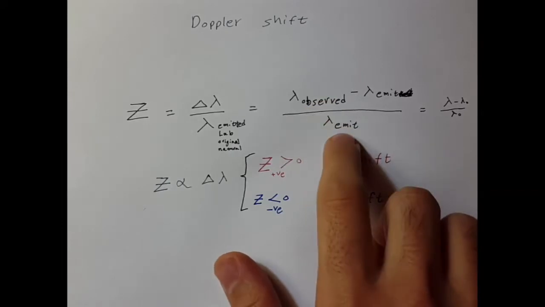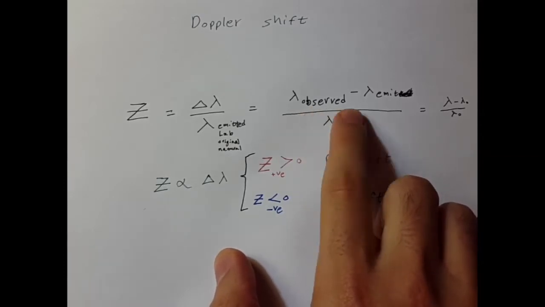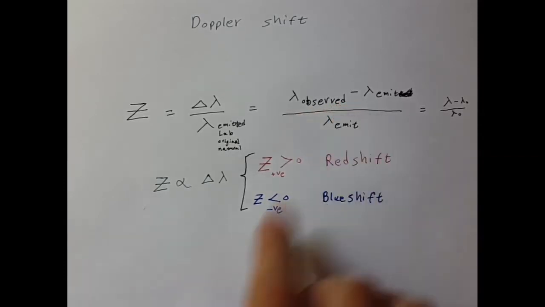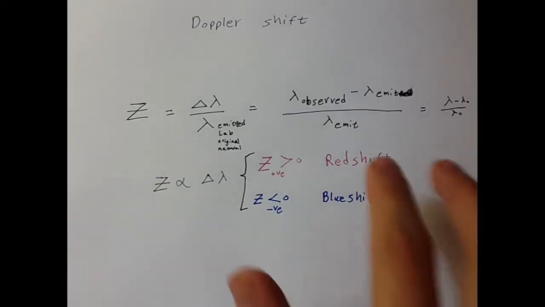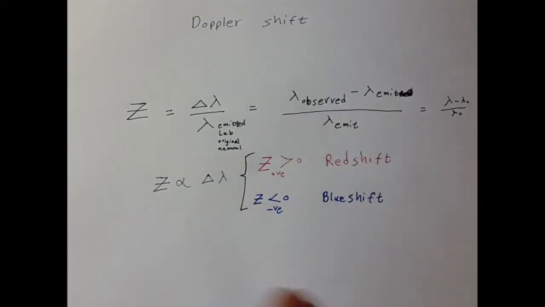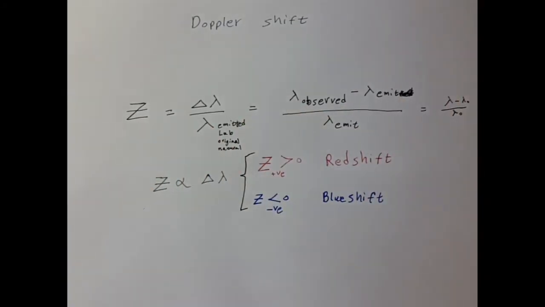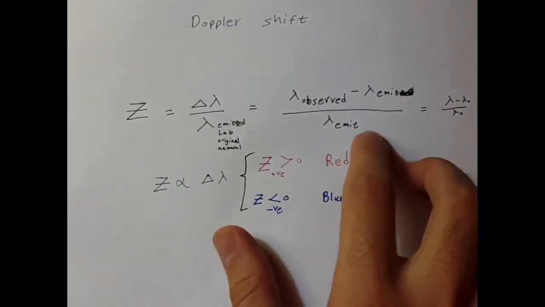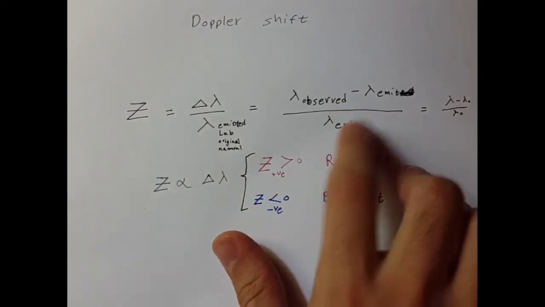You want to go with the emitted one because it shows a physical characteristic. The observed wavelength is going to change with the motion of the galaxy, but the emitted one is a physical constant. It is a characteristic of the mechanism that you're observing. So it is always going to be the emitted one you want to put there.